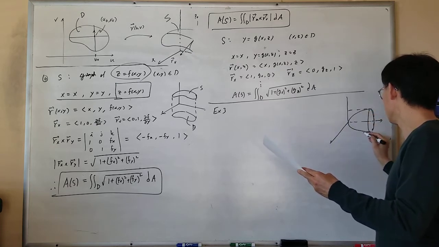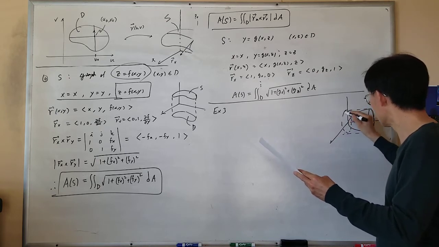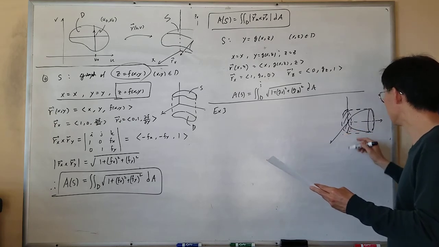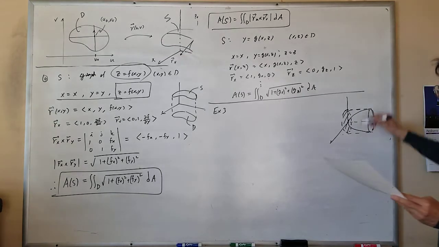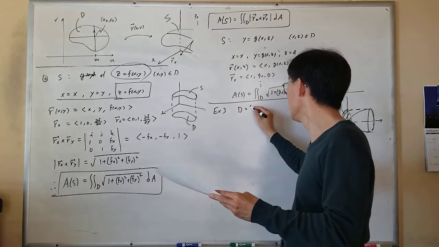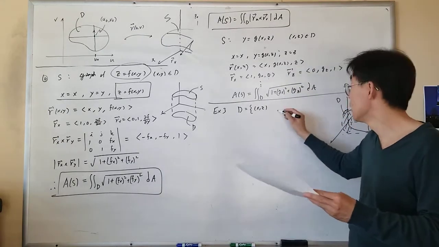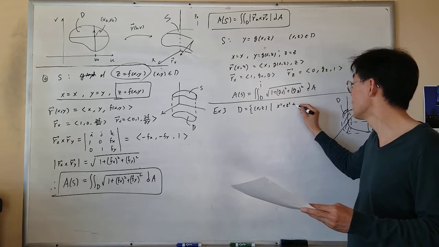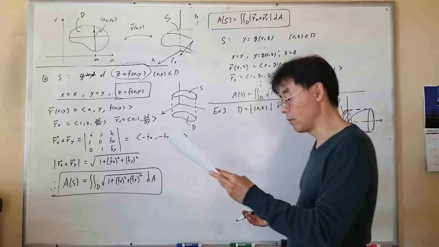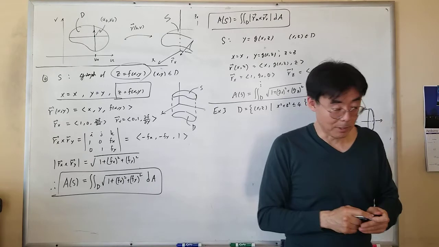And the projection onto the xz plane is a circle. D is a circle. All right? So your D, with x and z as the variables: x squared plus z squared is less than or equal to 4, inside a circle of radius 2.